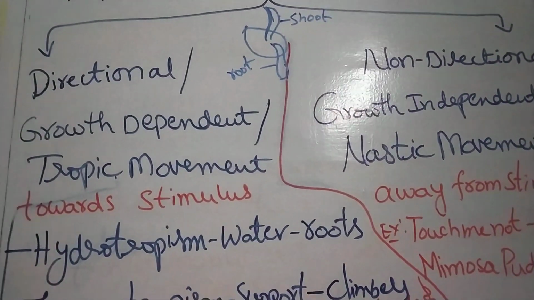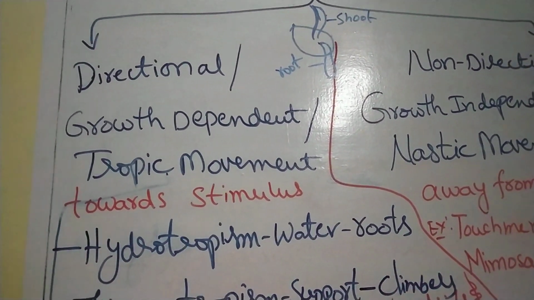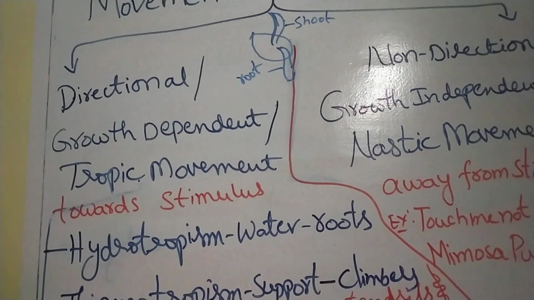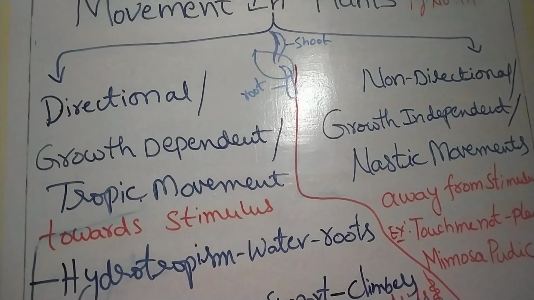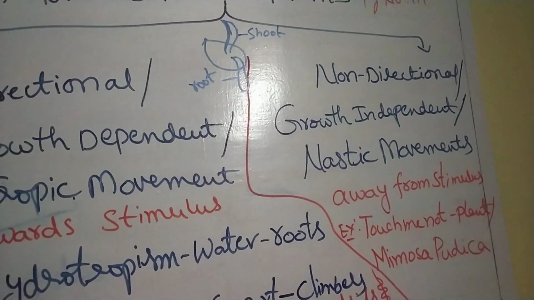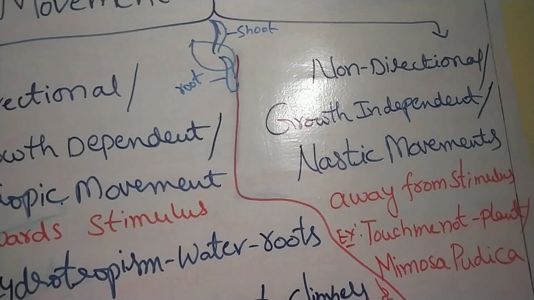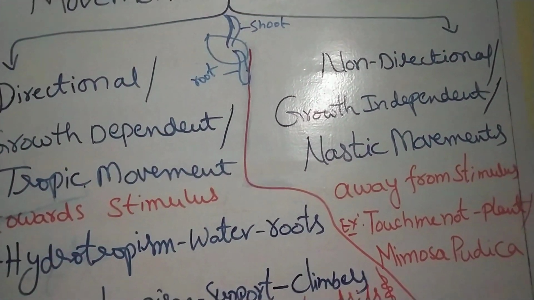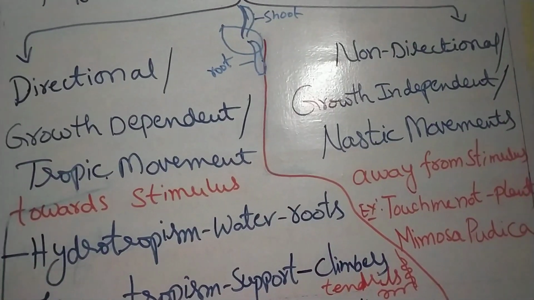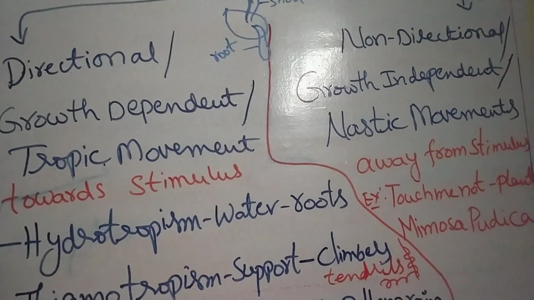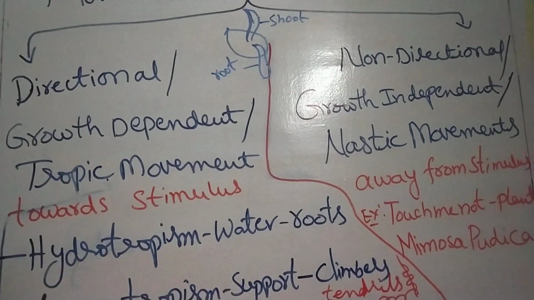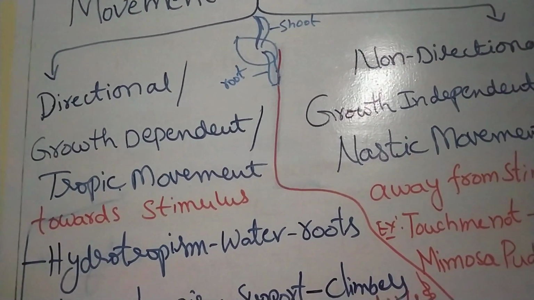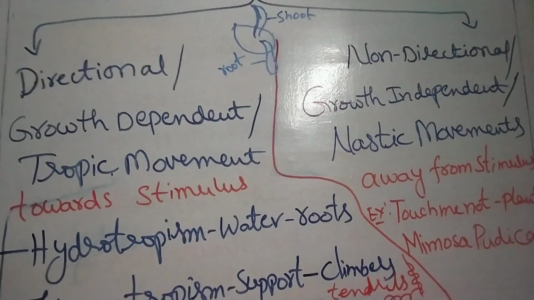Now we can discuss the directional movements. What are the different types of directional movements? The best example is germination of the seed. What is germination? Germination means a seed growing into a plant. If you spread seeds on the soil, after 7 or 10 days the seed coat breaks and gives rise to two parts, the plumule and radicle.